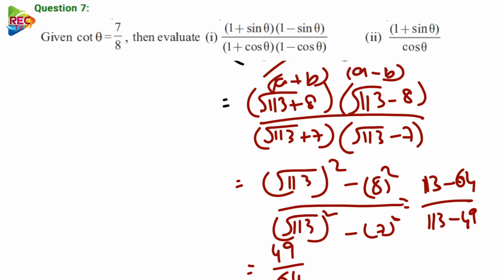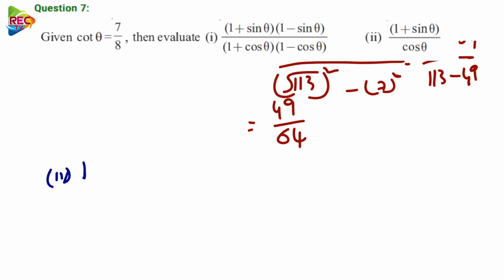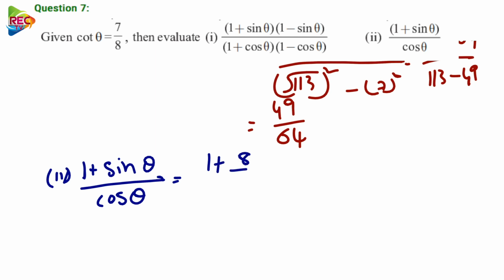This is the first one, 1 plus sin theta into 1 minus sin theta by 1 plus cos theta into 1 minus cos theta value. The second one is 1 plus sin theta by cos theta. You know the sin theta value, 8 by square root of 113, and cos theta value, 7 by square root of 113.